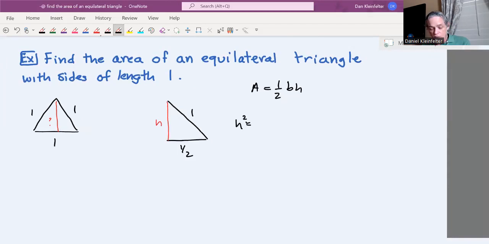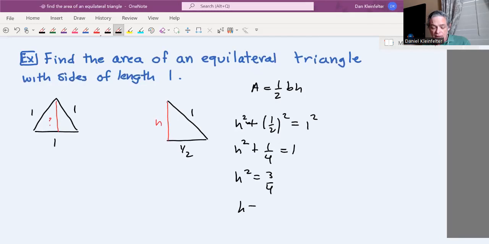So we'll say h squared plus 1/2 squared equals 1 squared. h squared plus 1/4 equals 1. So h squared equals 3/4, and h is square root of 3 over 2.